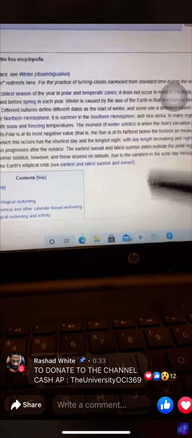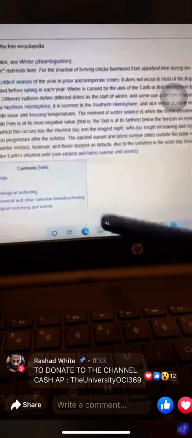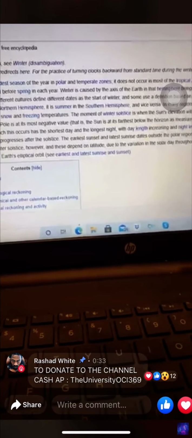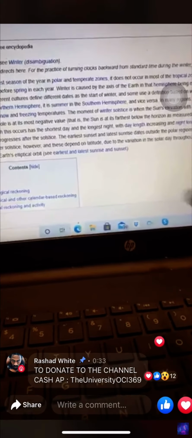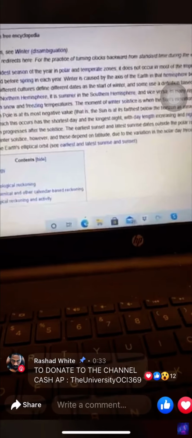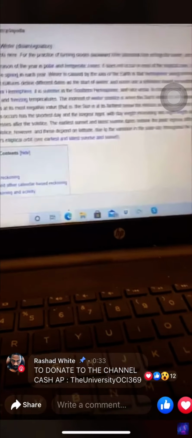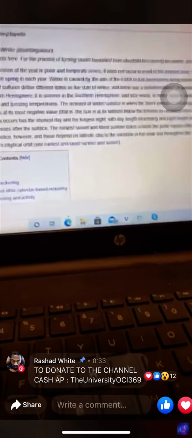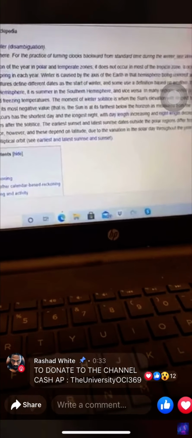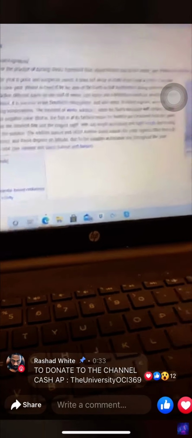So, with day length increasing and night length decreasing as the season progresses after the solstice. The earliest sunset and latest sunrise dates outside the polar regions differ from the date of the winter solstice. However, and these depend on latitude due to the variation in the solar day throughout the year caused by Earth's elliptical orbit. These people be lying, right?